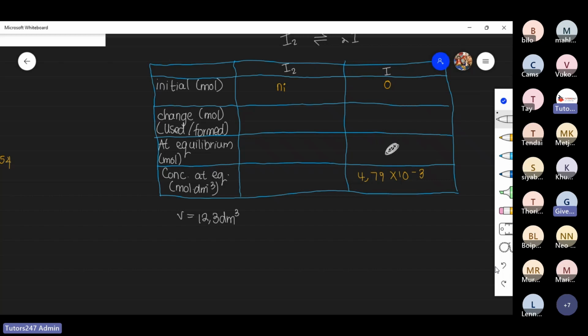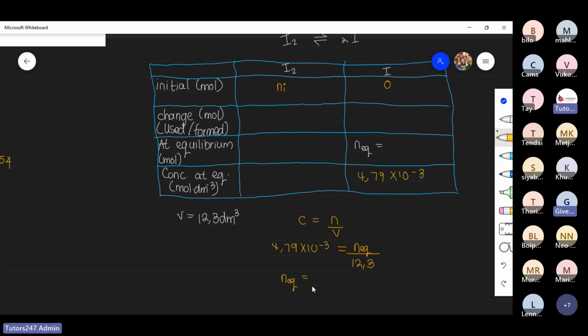So let's calculate that. We have concentration and we have volume, so we can use our concentration formula of C equals N over V. Our concentration is 4.79 times 10 to the power negative 3. Our number of moles, that is unknown. That is what we are trying to calculate. Our volume is 12.3.